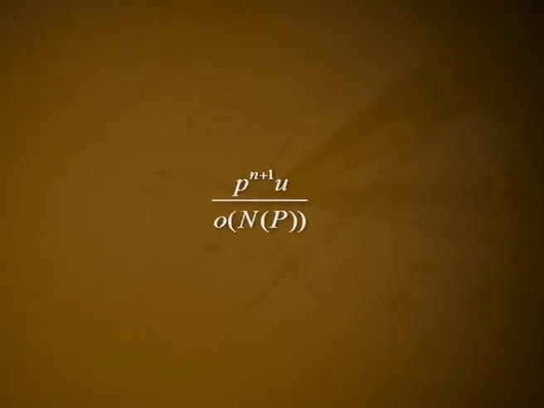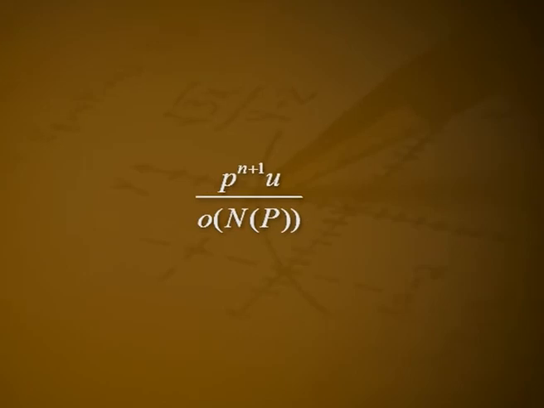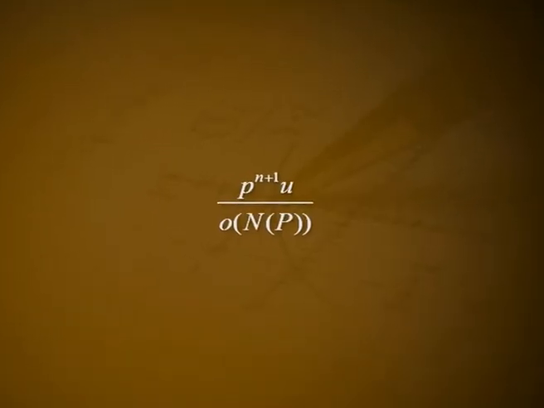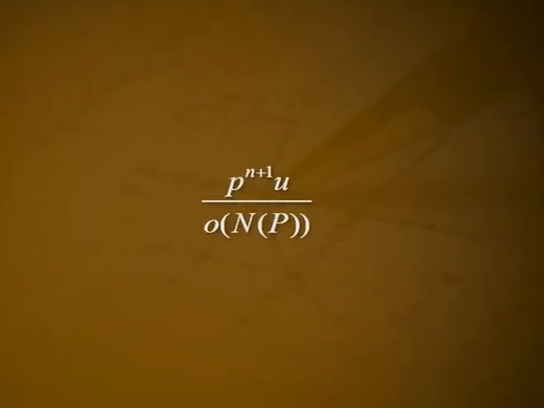Now, the order of the normalizer of P divides the order of G, since the normalizer of P is a subgroup of G. Hence, p raised to n plus 1 times u divided by the order of the normalizer of P is an integer. Also, since p raised to n plus 1 does not divide the order of G, p raised to n plus 1 cannot divide the order of the normalizer of P. But then p raised to n plus 1 times u divided by the order of the normalizer of P must be divisible by p.